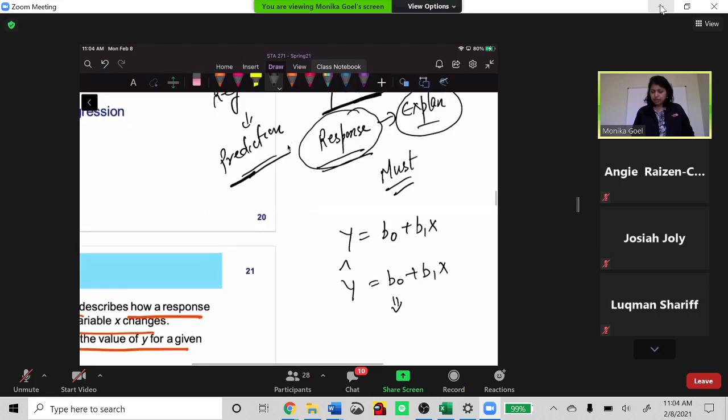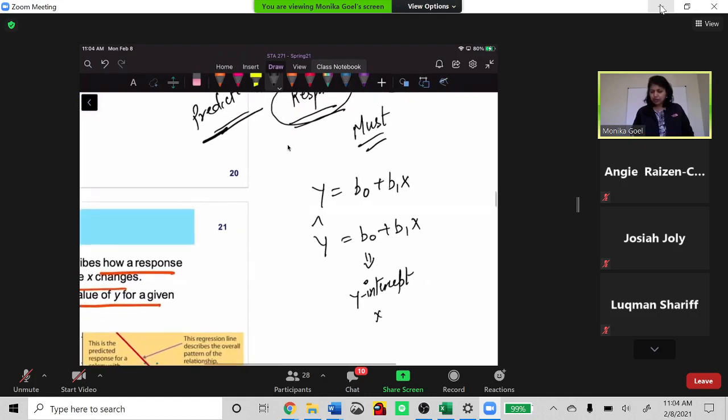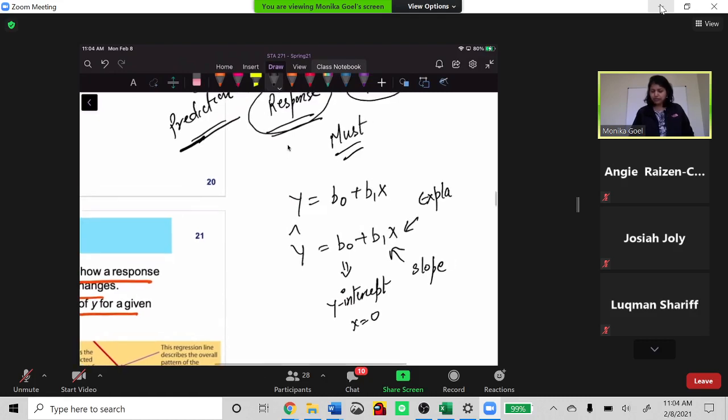This is my y-intercept, basically where the line is touching the y-axis when my x is 0. And this b1 is your slope, and this x is your explanatory variable.